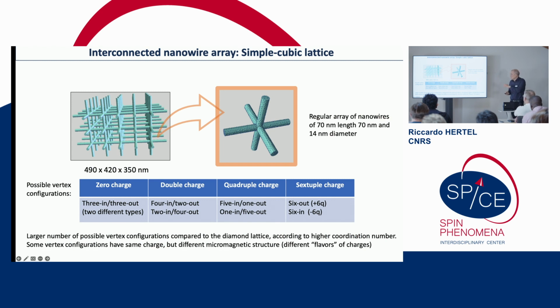We also looked, but I will be brief on that, at a regular array of nanowires, and there we have a larger number of possible charges, except for the situation where all 6 point to the same direction. That does not seem to be stable. We didn't find any vertex that would sustain such a highly frustrated configuration.